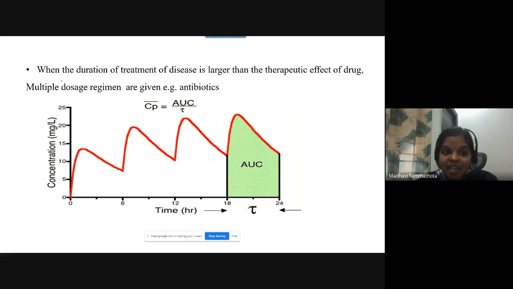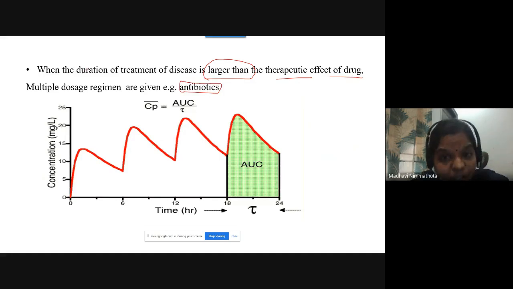Then the next case is when the duration of treatment of disease is larger than the therapeutic effect of the drug. In the case of antibiotics, you are going to treat your disease over a long period of time. Along with the antibiotics, we have to treat our disease with a larger time period.